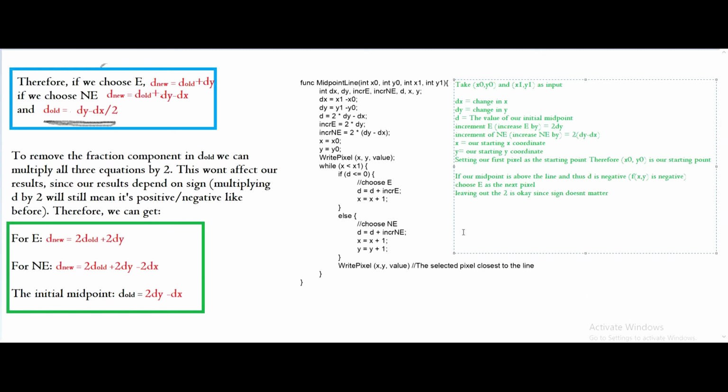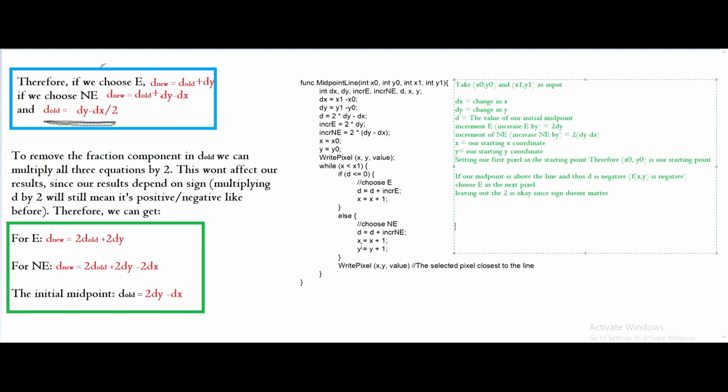So if d is not less than or equal to 0, that means if d is greater than 0, what we do is we increase its value by this 2 dy minus 2 dx, which is our increment of NE, and then we increase the value of x by 1 and we increase the value of y by 1.